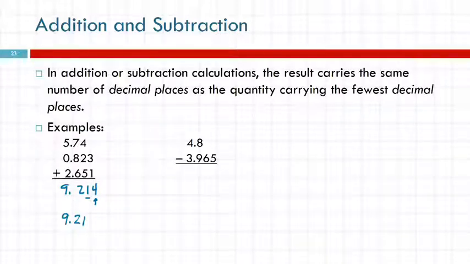So another way to think about this, I'd like you to understand why this rule works. The last digit in each of these numbers is uncertain, right? So the 4, this 3, and this 1. Those are the uncertain digits. When we do the adding, here it's stacked up so that we could add it by hand without a calculator. We're adding a blank here, which we treat as 0, but do we know what that digit is?